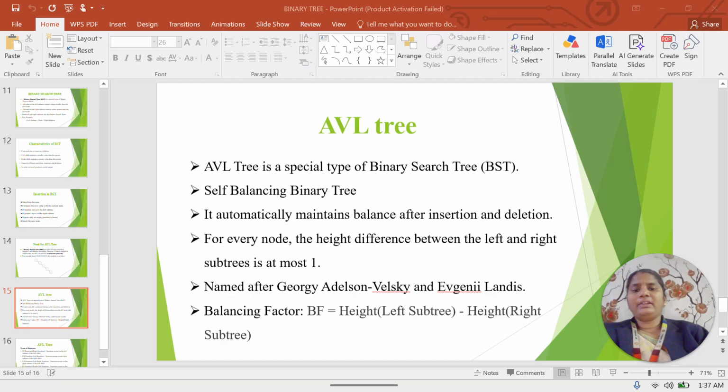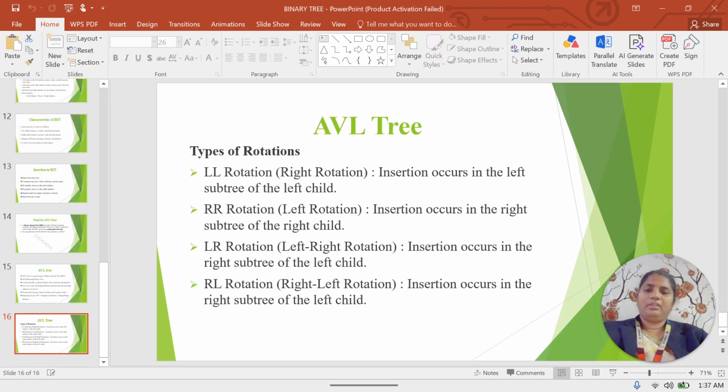That is the main condition for the AVL tree. The next slide is the types of rotation. In an AVL tree we have 4 basic types of rotation: left rotation, right rotation, left-right rotation, and right-left rotation.